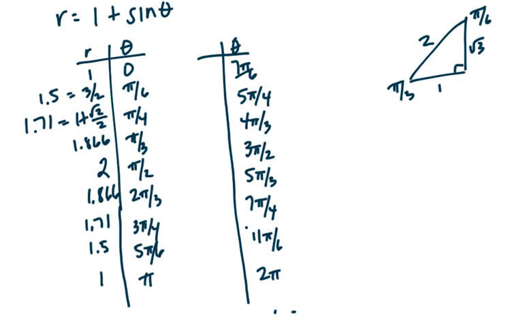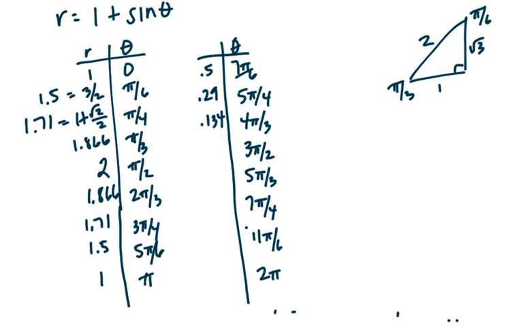And then we continue. 7 pi over 6, the sine of that is 1/2, but it's negative because we're in the third quadrant. Plus 1 is 0.5. And then we have 1 minus 0.71, which is 0.29. Then we have 1 minus 0.866, and it's 0.134.